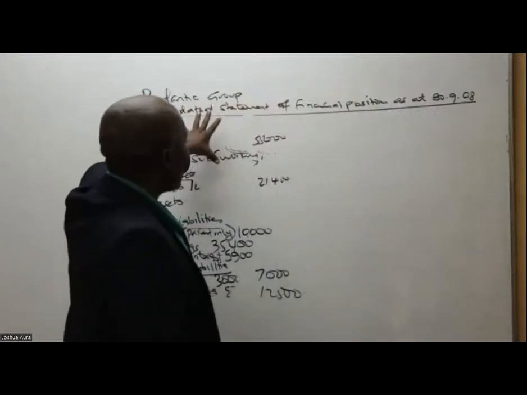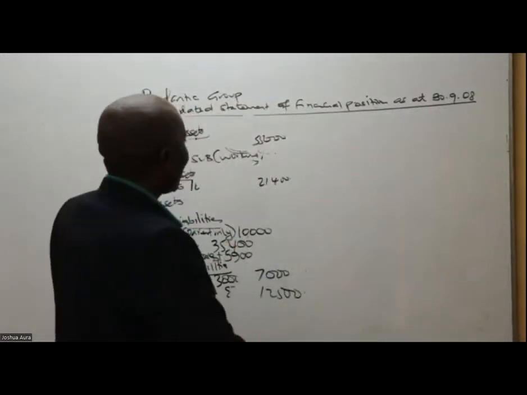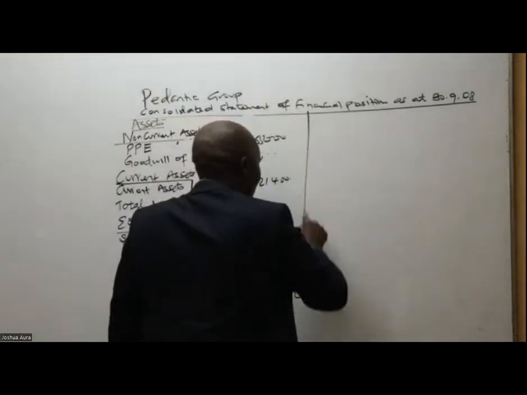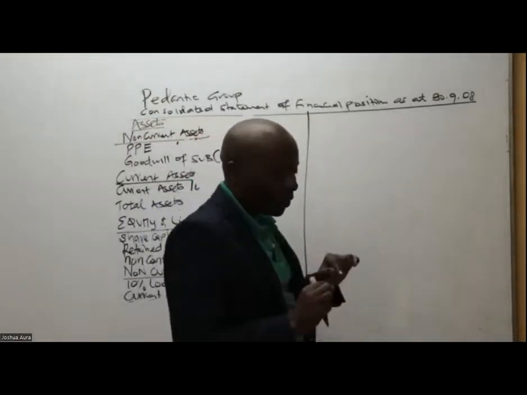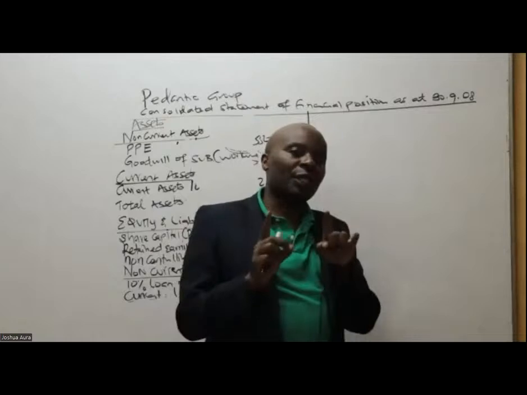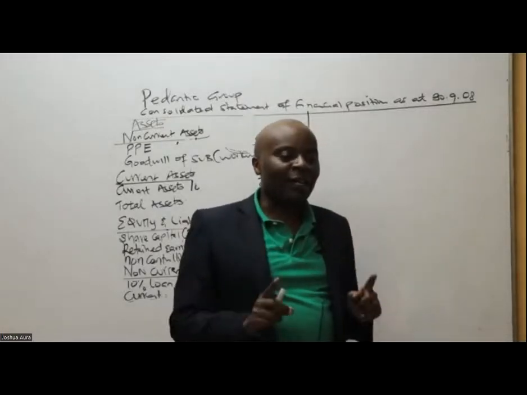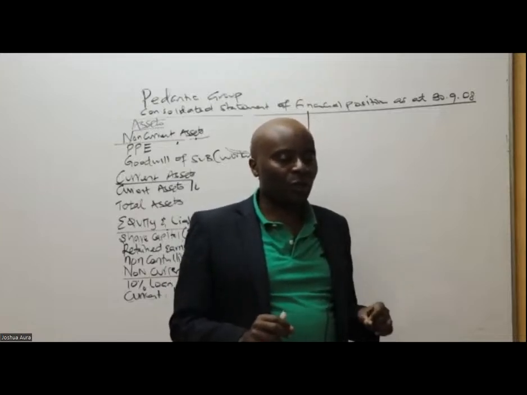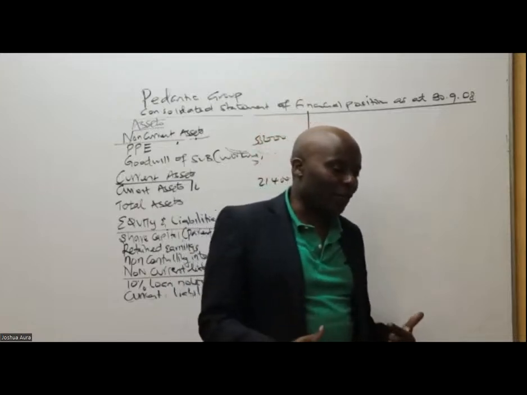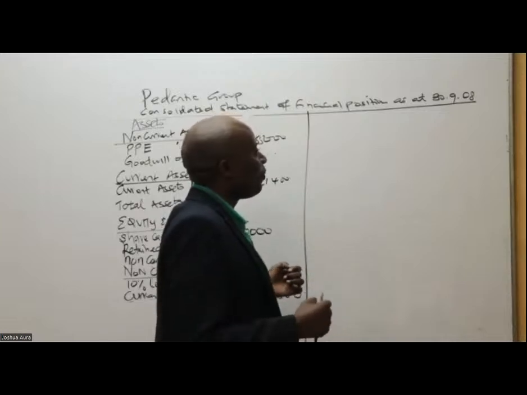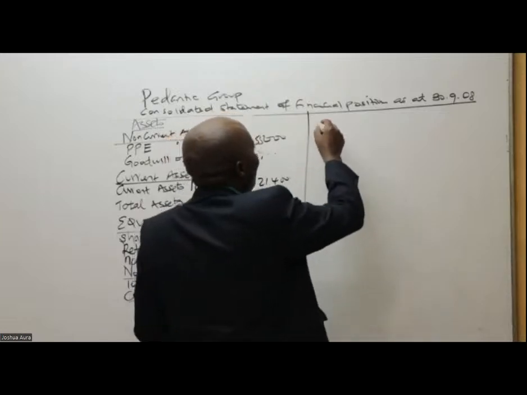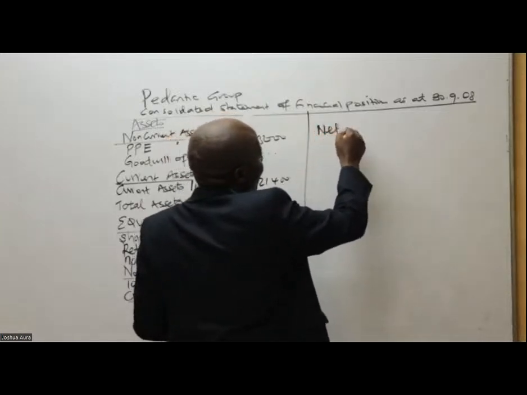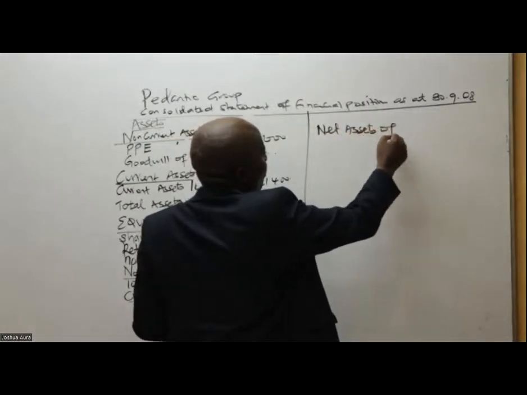So after I have done all this, the next thing I will come here and look critically at my subsidiary. This subsidiary that I acquired, was it really worth it, or did I waste my resources? And how do I assess the criticality of my subsidiary? It is to look, ladies and gentlemen, at the net assets of the subsidiary.